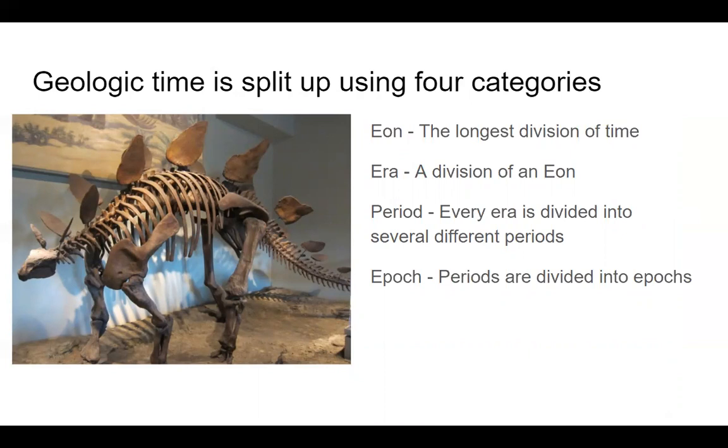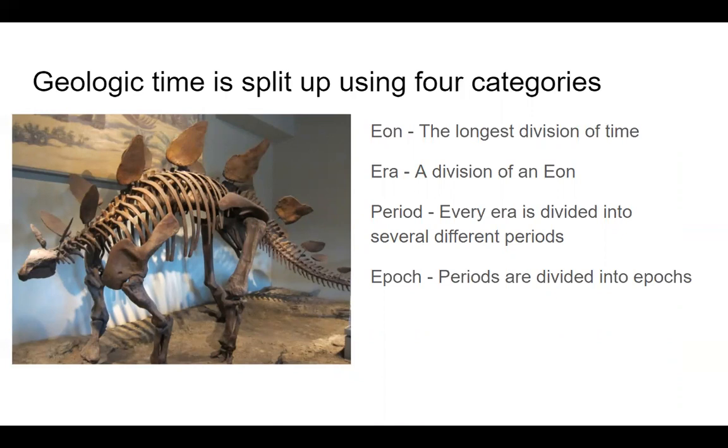We need to understand the basic underlying principles though. We have eons, which I think is just kind of a funny word. Eon. It does sound like yawn, just saying it really slowly.